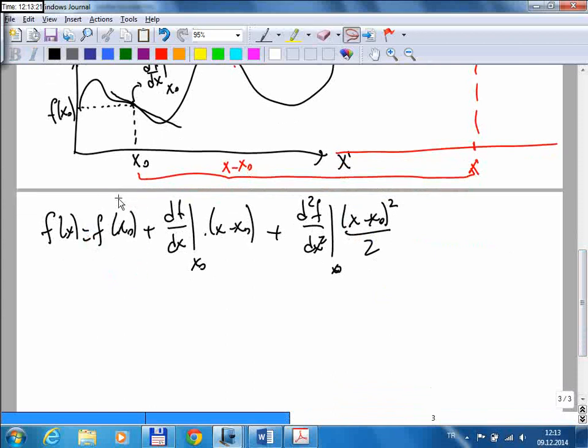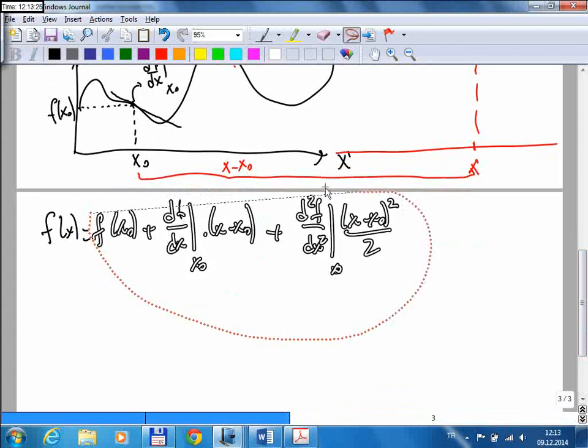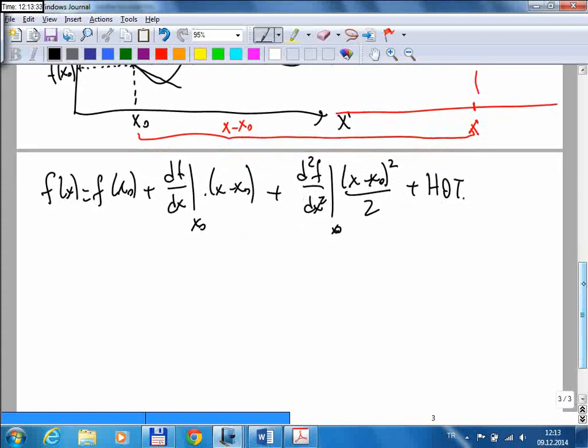If you use the first two terms, it is a first order polynomial, second order, and usually we write higher order terms. So the idea is the first two elements in the Taylor series expansion give you a first order polynomial, which is a linear function, right?